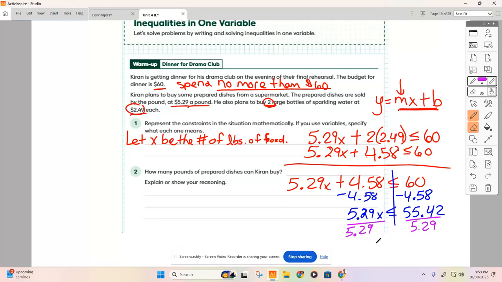And I get that x has to be less than or equal to 10.47, but if I round it up to 10.5, I won't have enough money. So I'm going to put 10.4. So what that means is he can buy 10.4 pounds of food.